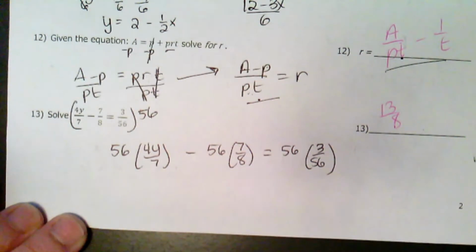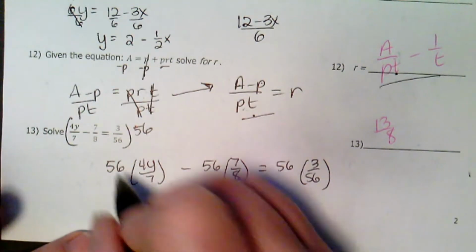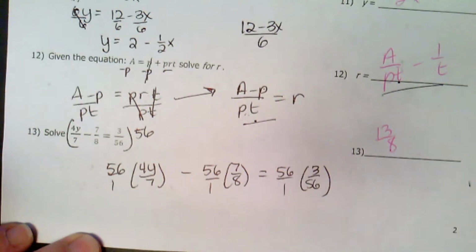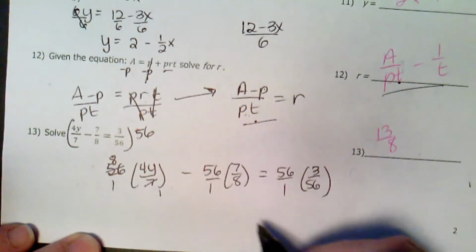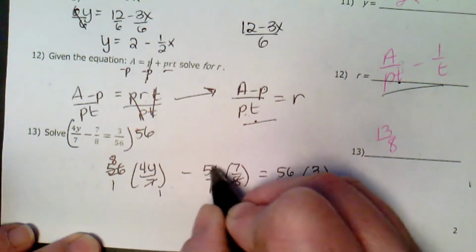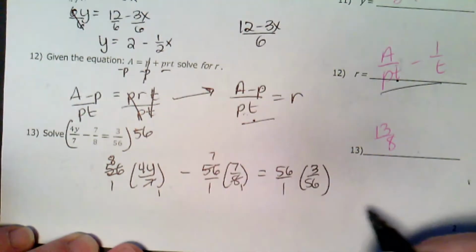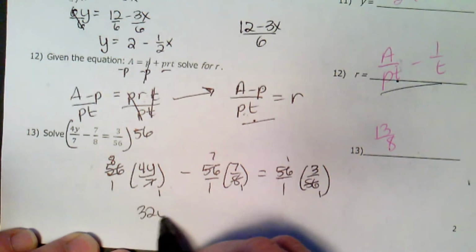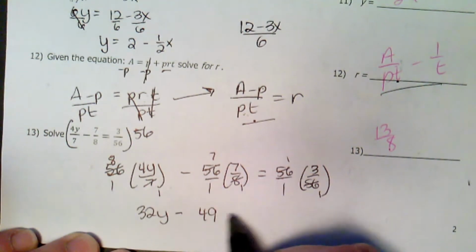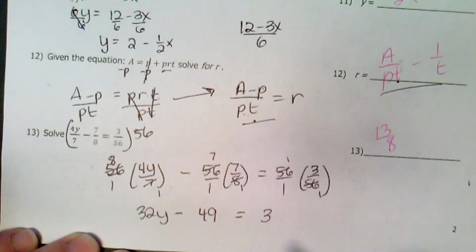But when we do that, it will eliminate your fractions. So it looks like that. So basically you're cross-canceling. So we're left with 32y minus 49 equals 3.